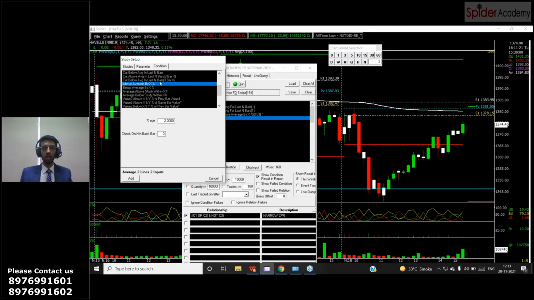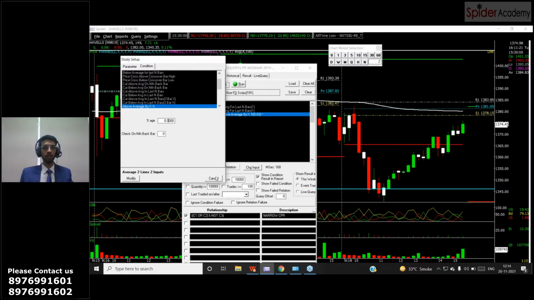But here I'll use this condition because I will contradict my condition. Like I have chosen above average by X percentage. So in that I have to choose 0.03 to get a narrow CPR. You can see I have chosen 0.03 so that pivot और resistance दोनों आपस में close मिले मुझे.